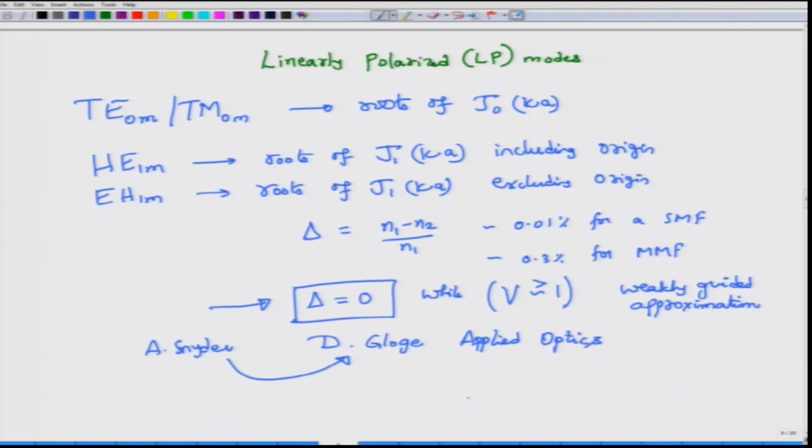So, you would be able to read it and understand more about this weakly guided approximation. This famous paper was published in Applied Optics, a journal, in 1971. I will give you the full details over the course website.